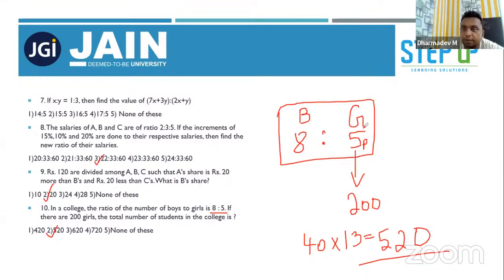Christian, 40 is from this 5. 5 parts of the ratio, girls is 200. That means one part is 40. Did you get it, Christian? 200 divided by 5 is 40. Yesterday you would have learned the 3 laws of ratio. In that, this is the third law: individual parts equal individual ratio. Girls have 5 parts, girls have 200, then one part is going to be 40. Did you get it?